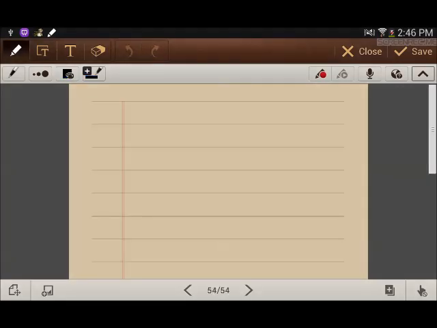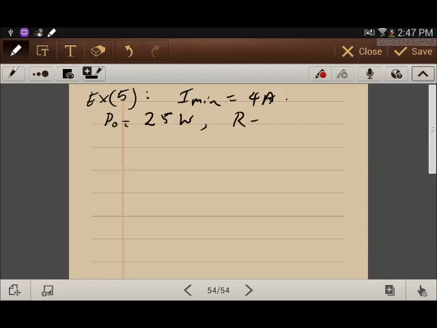The next question, or let's say example number 5. We have been given the minimum current, which is 4 amps. The output power is 25 watts. The resistance is 1 ohm. The switching frequency is 100 kilohertz.